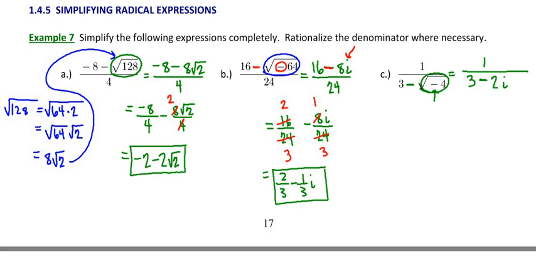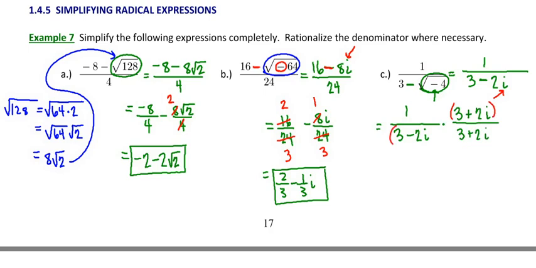So we have 1 over 3 minus 2i. Technically, we have a radical in the denominator, so we need to rationalize the denominator. So I'm going to take my answer, 1 over 3 minus 2i, and apply the complex conjugate, 3 plus 2i, to the top and the bottom.